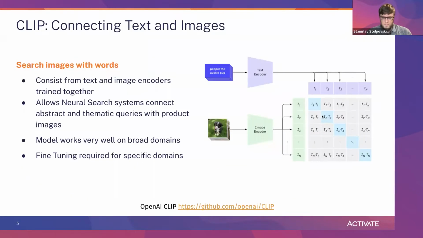So let's see what the main research of the last years was, which affects neural search. I want to start with, I think, one of the most important papers that was published and models that became available, which is CLIP. CLIP is an OpenAI project.